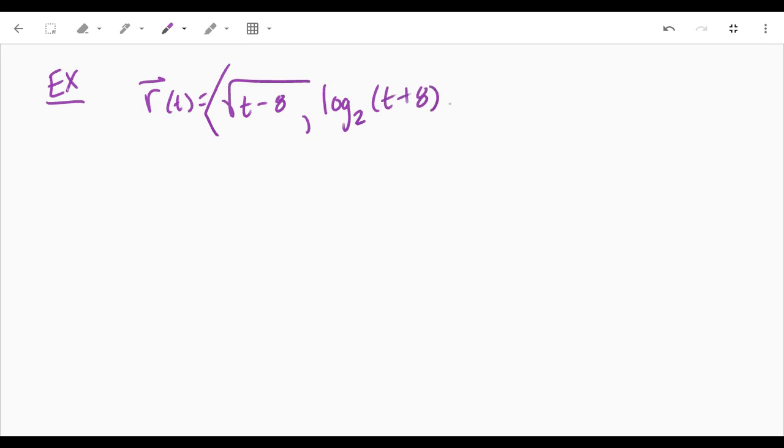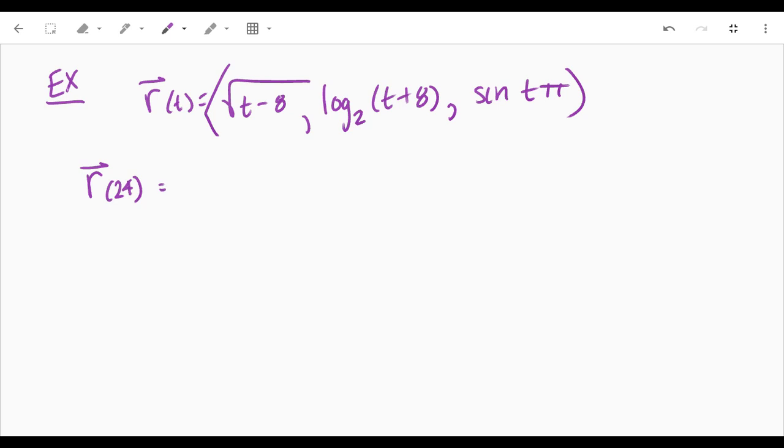Let's say that we have the vector function r of t equals square root of t minus 8, log base 2 of t plus 8, sine t pi. Okay, so we can do things like r of 24, which I'll give you a second to think or pause.